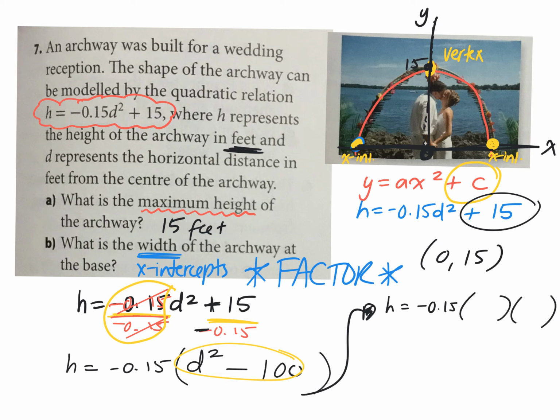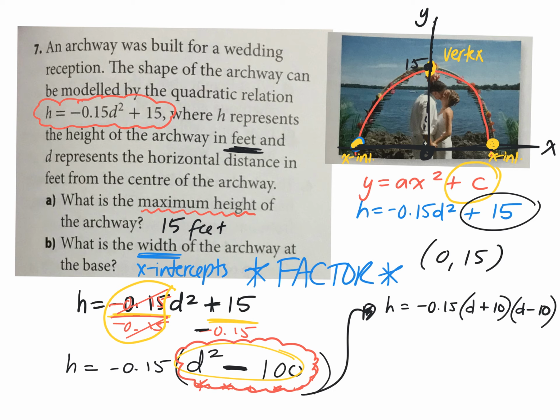How do you factor this difference of squares? What times what gives me d squared? D. Square root of 100. What times what is 100? 10. It's a difference of squares, so it's got to be d plus 10 and d minus 10, right? A positive and a negative gives you a negative.